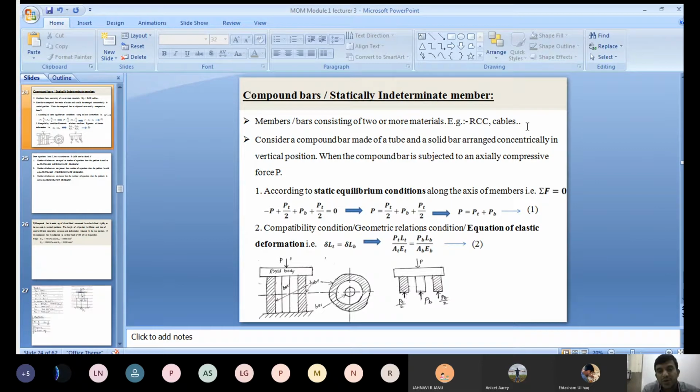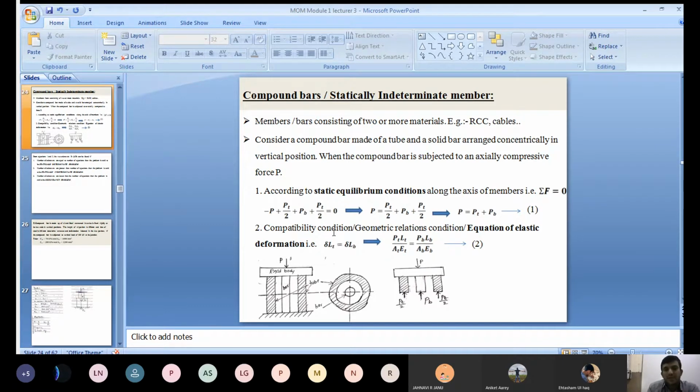How do you determine the stresses and deformation induced in compound bars? By applying, first, the static force equilibrium equation, that is, the vector sum of all the forces acting on a body is equal to 0. Second, the equation of elastic deformation: the deformation of the compound bar materials should be the same.